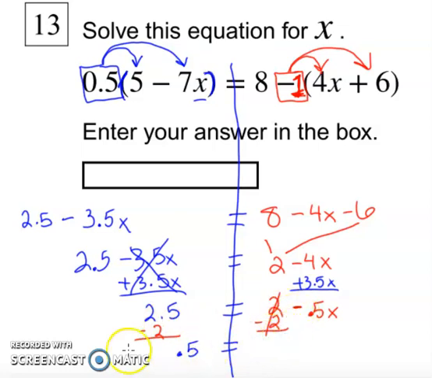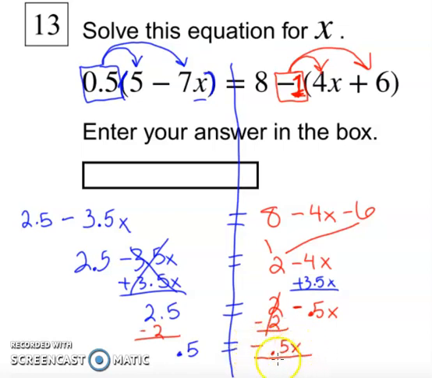And then on the right side, I have negative 0.5x. So now you can kind of see what our last step is going to be. I need to get x all by itself. Remember, I want to isolate my variable. So I need to divide here. I have to divide out the negative 0.5, right?